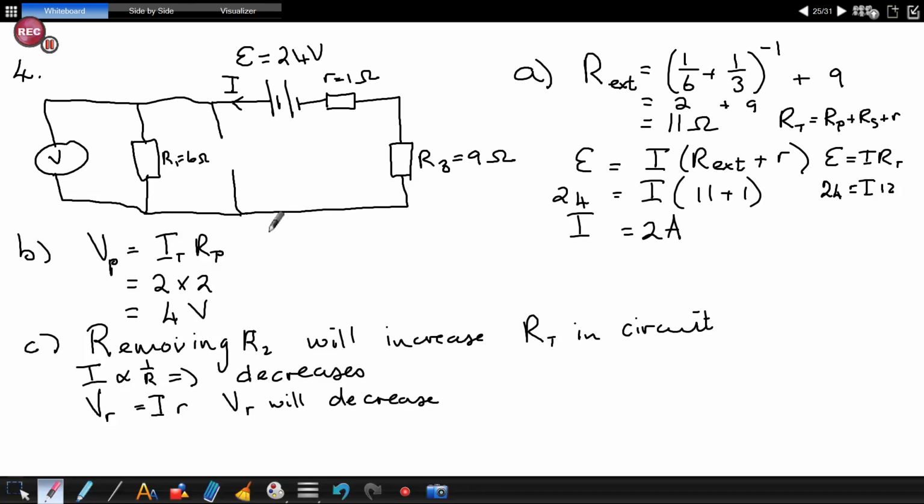If the VR decreases, your V external will increase. Wait a moment, I think I'm rushing over this. So the current through the circuit will decrease, but the V external will increase. What will happen to the V across the 6 ohm resistor then?